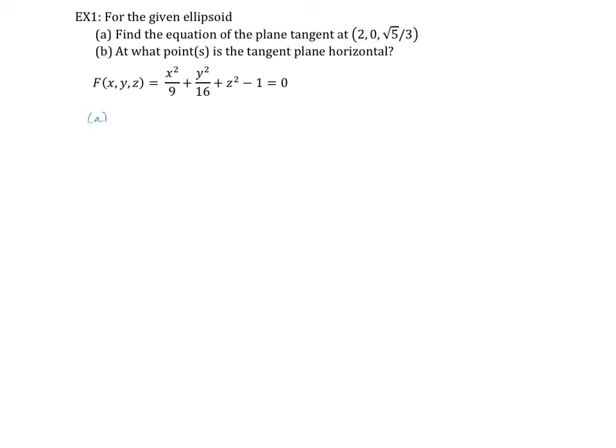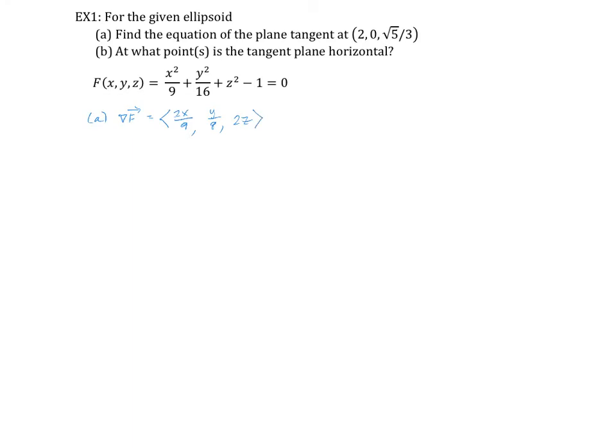The first thing we need is we need to know what the gradient is. So the gradient is the partial derivative with respect to x, which would be 2x over 9. Partial with respect to y, 2y over 16, so that would be y over 8 if I reduce. And the partial with respect to z would be 2z.